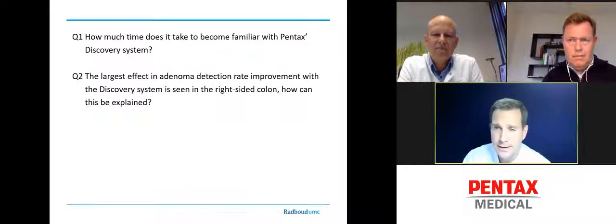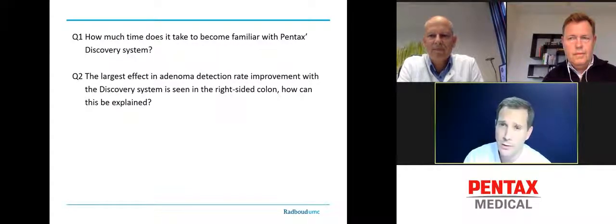Now, with Discovery in this very first pilot trial, we see that exactly those lesions are very well detected, maybe better than with the human eye. Small or diminutive lesions, right-sided colon, flat lesions, and among them were 2 SSA.